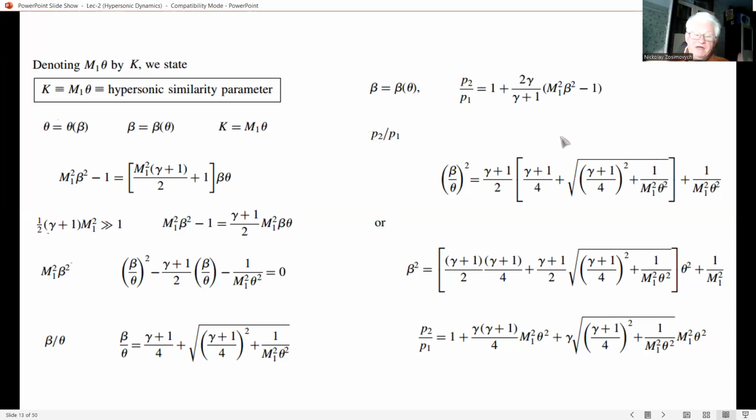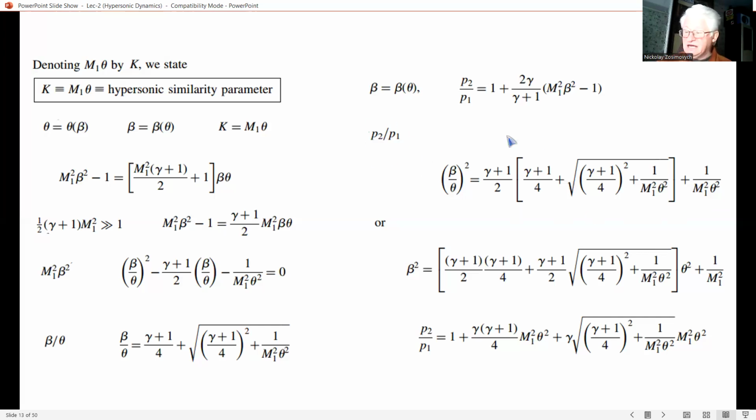However, within the framework of this assumption, our base equation gives an explicit relation for beta from theta, which can be introduced in our equation here to obtain an expression for P2 over P1 in terms of deflection angle theta. This is carried out as follows. Combining the previous equation, we get this expression for P2 over P1.